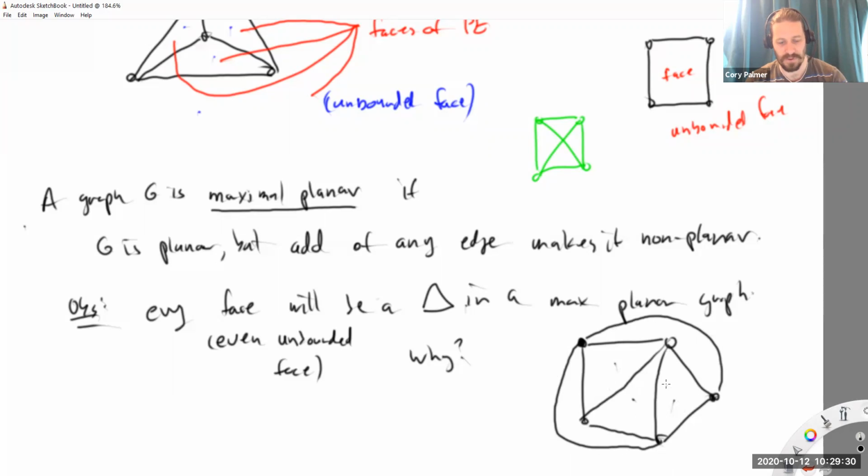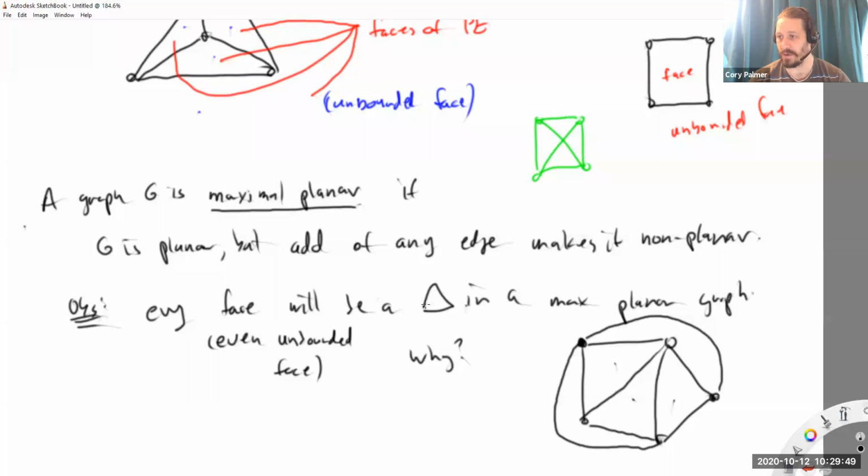If you examine it for a little bit, there's no edge that I can add here, okay? And so actually, these two are one and the same. You're maximal planar if and only if every one of your faces is a triangle. These two facts are equivalent to each other, okay? It also means that if you're not maximal planar, you can produce a maximal planar graph without much difficulty.